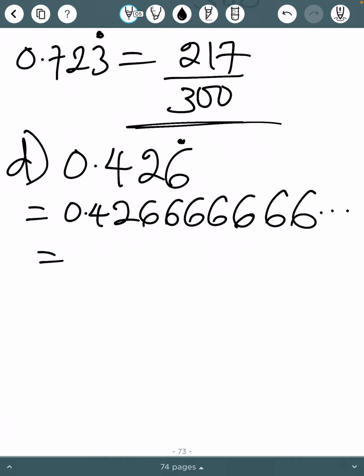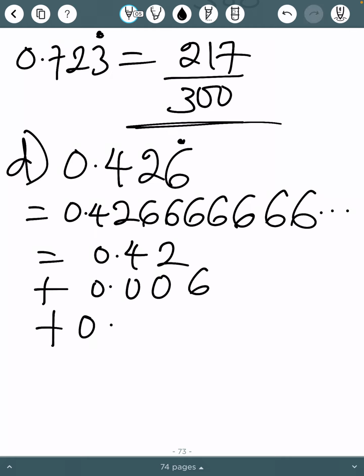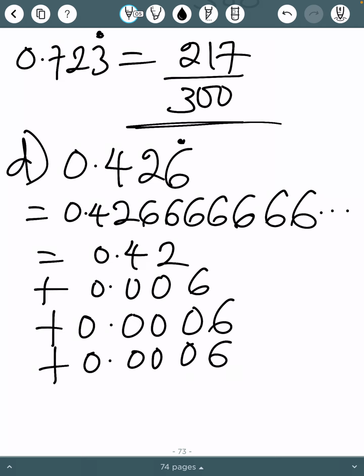So that means that will also give me 0.42, which is the regular part, plus 0.006 plus 0.0006 plus 0.00006, and so on and so forth.